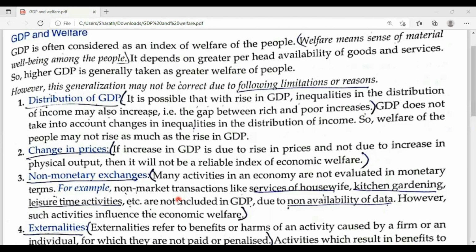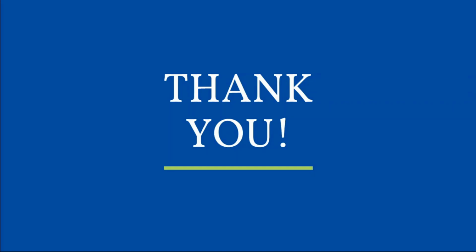Everything is ignored just because it is not measured in money terms; nothing is exchanged through money. In GDP, we only consider those goods and services which have monetary measurement. If they don't, they are never considered. From that context, GDP is not a right indicator of economic welfare because it ignores all non-monetary exchanges.